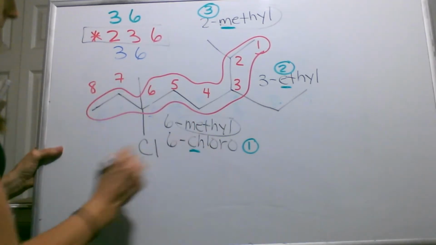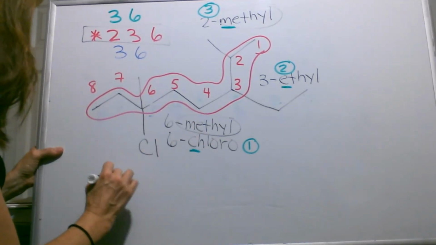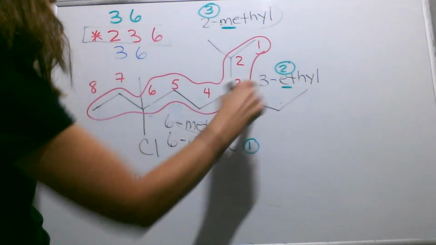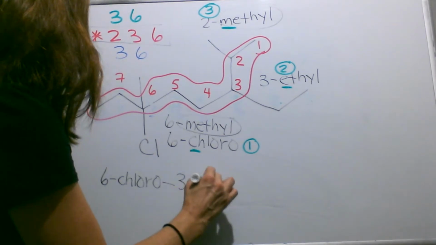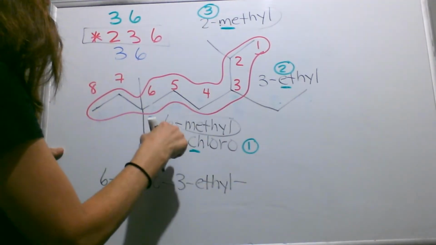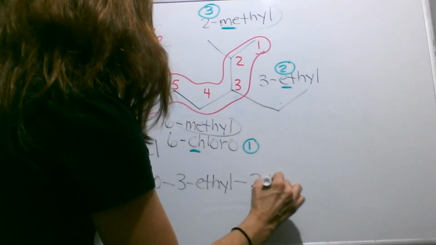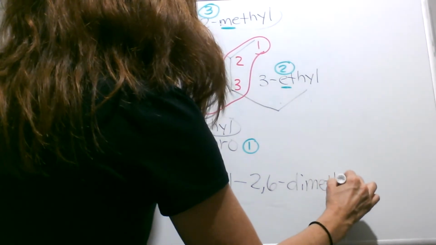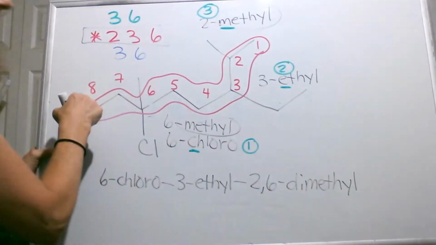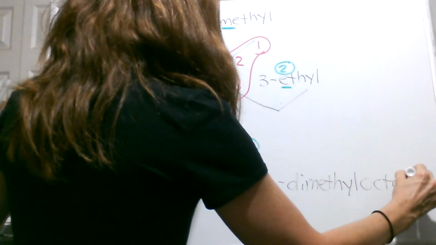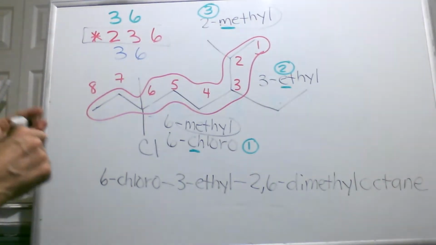Okay? So the name is 6-chloro, the ethyl is second, 3-ethyl, and then it's 2,6-dimethyl, and then that runs right into the parent chain, which is octane.